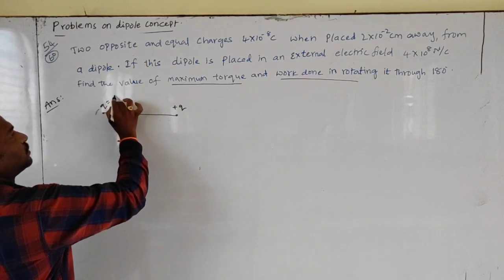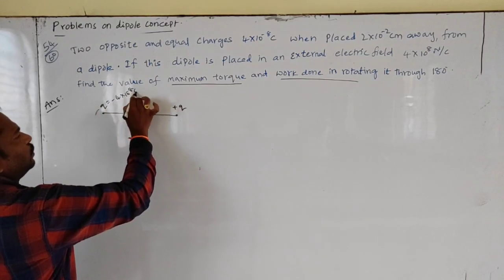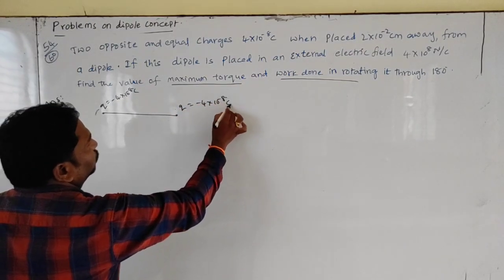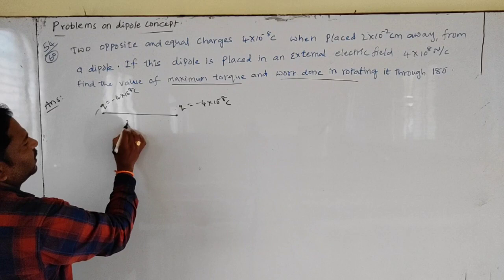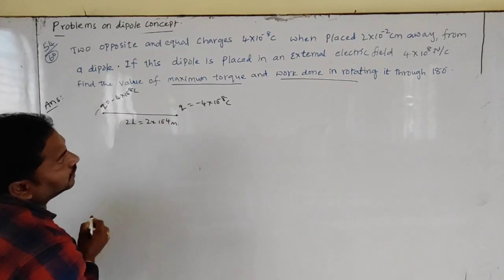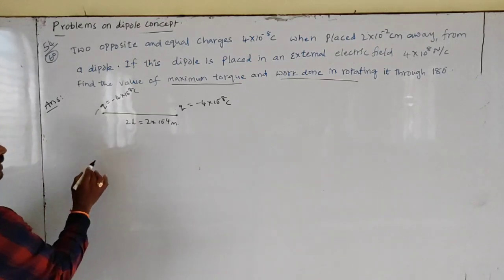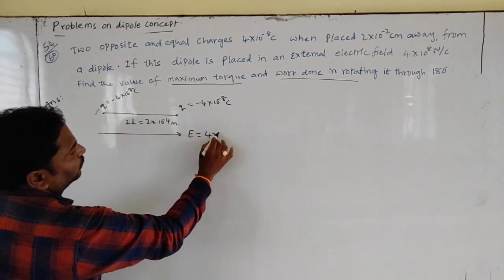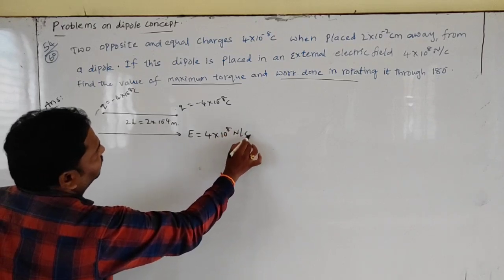This equals 4 into 10 power minus 8 coulombs and this equals minus 4 into 10 power minus 8 coulombs, and distance between them 2L equals 2 into 10 power minus 4 meters. And what is the electric field? Electric field E equals 4 into 10 power 8 Newton per coulomb.